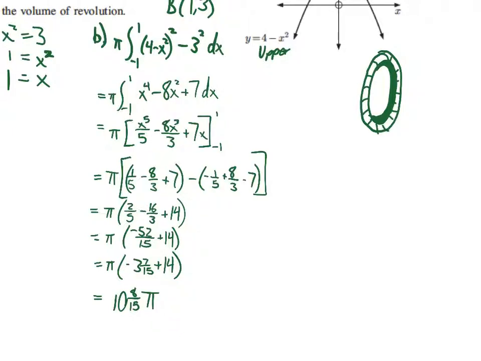Yeah, the day one that we did Thursday is just solid. Here we're cutting out an inside. We're hollowing it out. Do we always have to write it like 10 plus 8 over 15, or can I just do like 158 over 15? You can make it 158 over 15, that's fine.